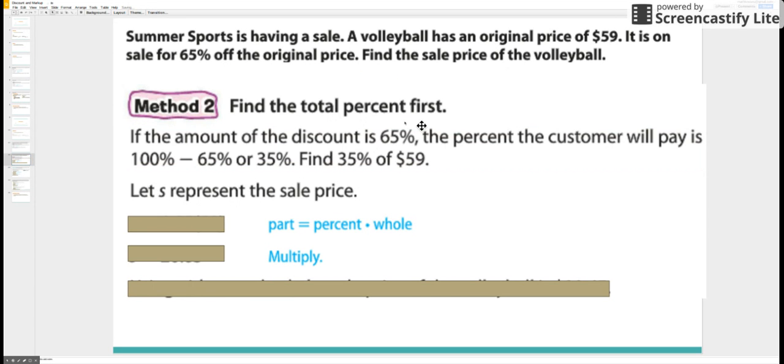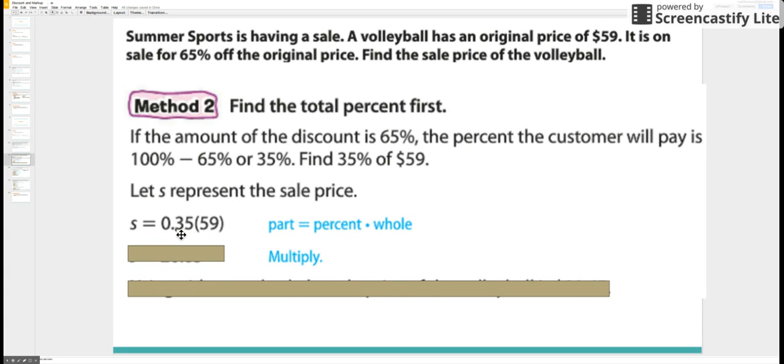So think about it like this, right? This represents 100%. You're paying 65% less. Okay, so you would do 100 minus 65 to get 35%. So in other words, you, the consumer, are only paying for 35% of $59, right? So let's find 35% of $59. Part equals percent times your whole. So you are figuring out what is 35%.